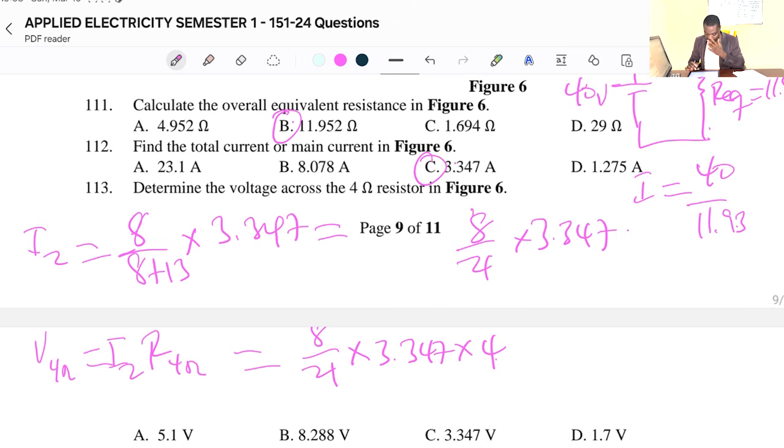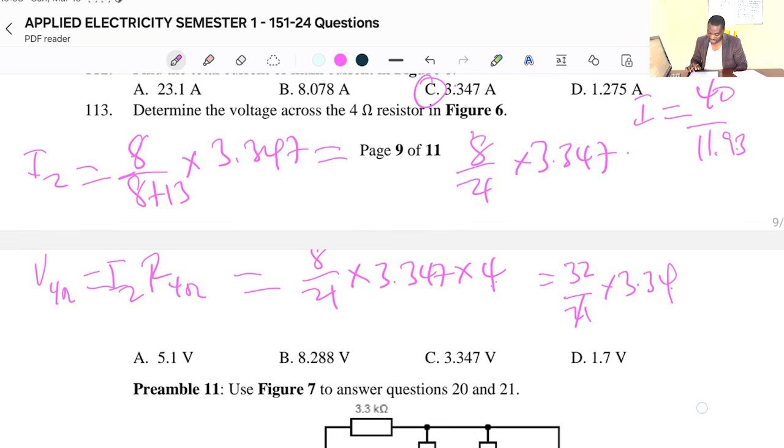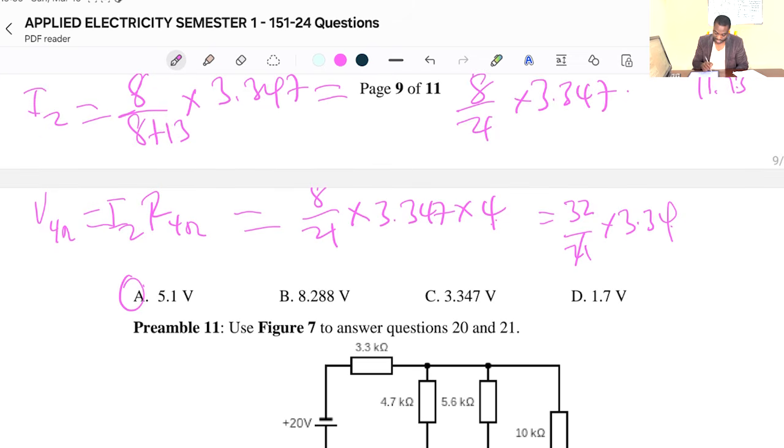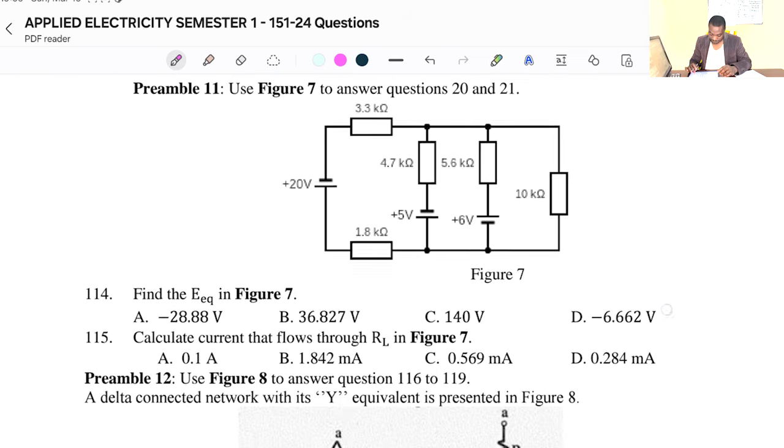So 8 times 4 will be 32. 32 divided by 21 times 3.34. So 32 over 21 is 1 point something, times 3.34. The answer here is somewhere around 5.14, right? Yes, so we get around this.